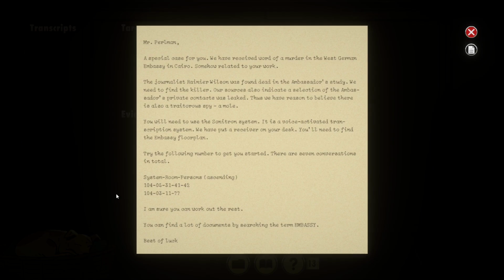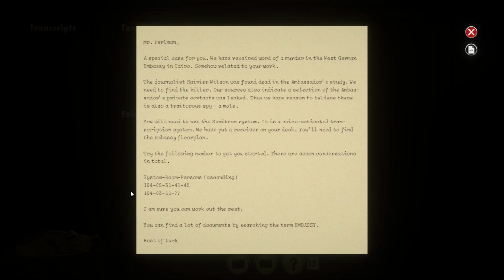Our sources also indicate a selection of the ambassador's private contacts was leaked. Thus, we have reason to believe there is also a traitor, a spy, a mole. You will need to use the Sonatron system. It is a voice-activated transcription system. We have put the receiver on your desk. You'll need to find the embassy's floor plan.